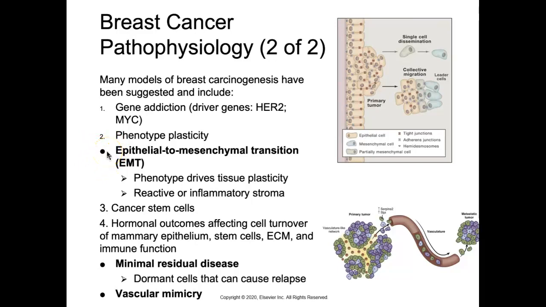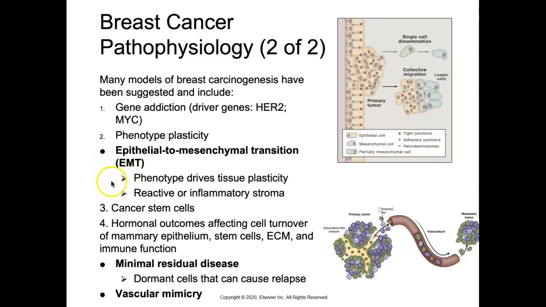We also have phenotype plasticity, which is when we have the distinctive phenotype of epithelial to mesenchymal transition, where the tissues and organs develop in the embryonic period. We have a suspension of cell death, or apoptosis, taking place, and these processes can be reactivated during events such as wound healing, or the cells become resistant to chemotherapy and radiation.